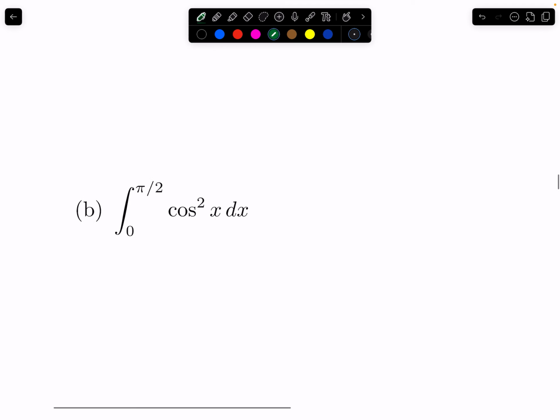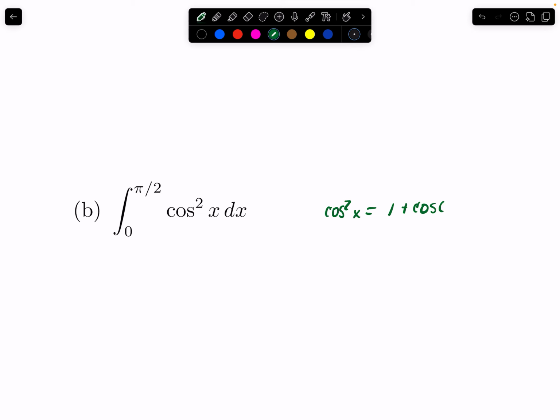When we have cosine and sine, we often want to make use of the Pythagorean identity here too, but when we have only even sine and cosine, we're going to use the half angle identity. So cosine squared of x is equal to 1 plus cosine of 2x over 2.